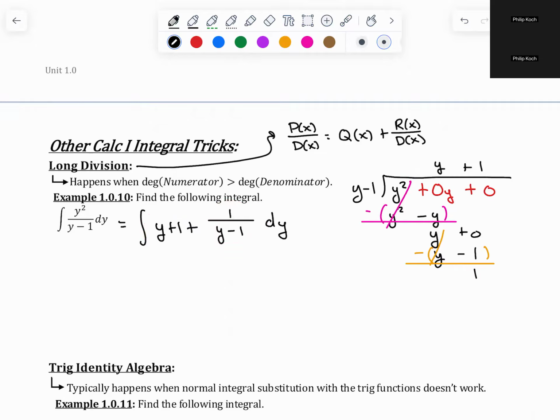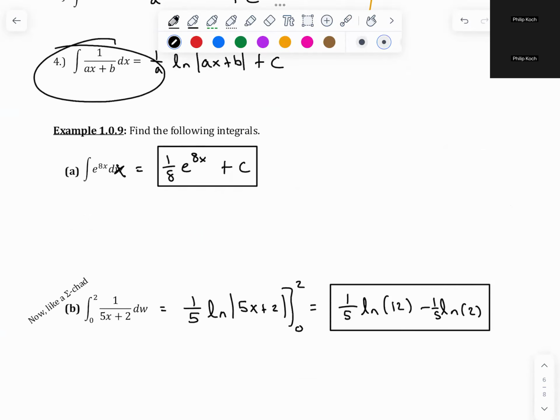The antiderivative of y is 1/2 y squared. The antiderivative of 1 is y. And then, yes, we could do an integral substitution. We can make u equal to y minus 1 and take care of it, and it'd be fine. But that's unnecessary. We already learned if you have a linear term like that, you could just write this.